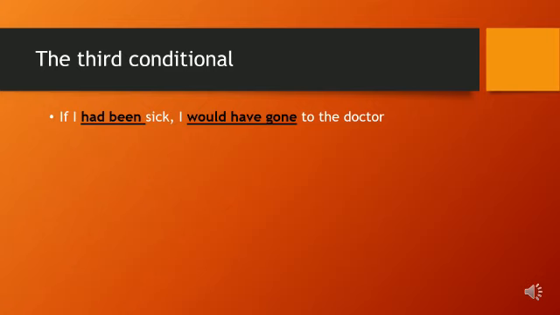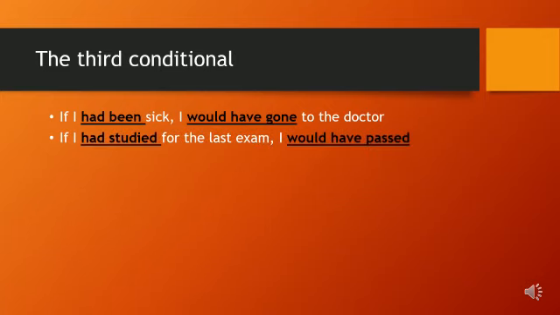We also use this type when we are regretting something that happened in the past and we wish the result was different. For example, if I had studied for the last exam, I would have passed. I regret not studying, because I didn't study, so I didn't pass.